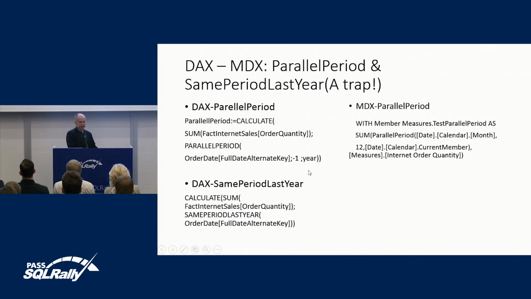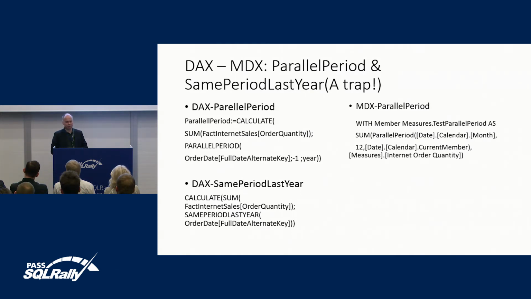This one is a little bit more tricky. It's actually parallel period. Parallel period in MDX is that if you stand on a single month, like now we have March 2015, and you want to go to March 2014, use the parallel period function. It will go back, get that measure, so you can compare March last year to March this year. Yeah, pretty obvious. The problem is here that DAX has a parallel period function that is not parallel period.